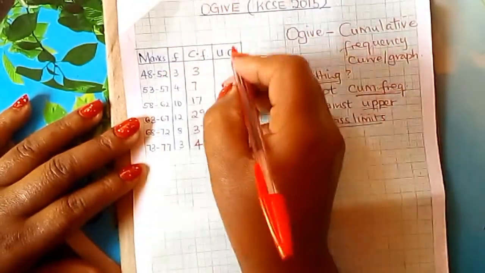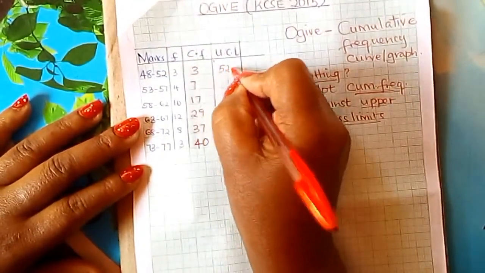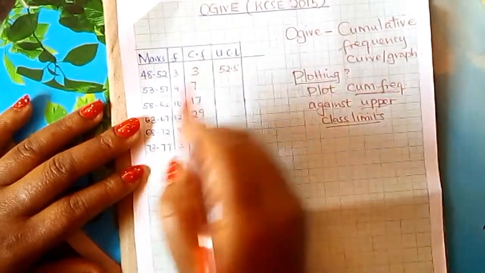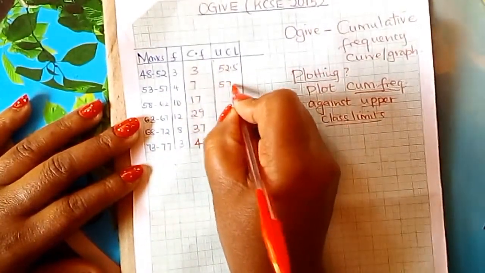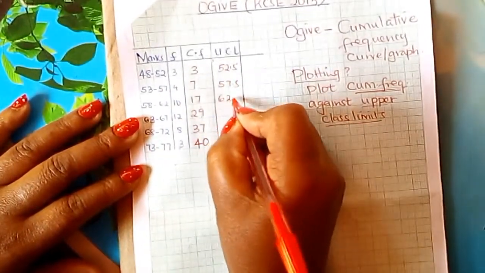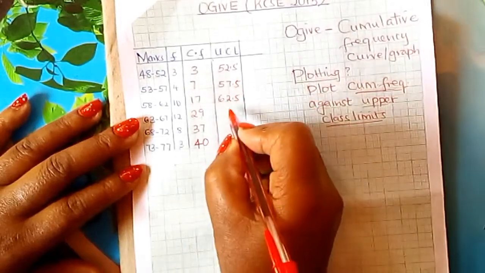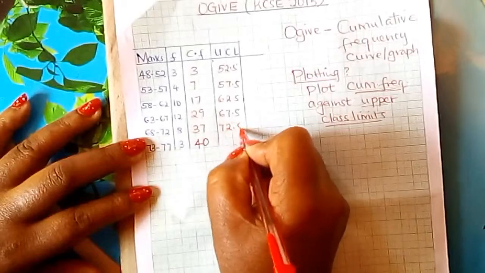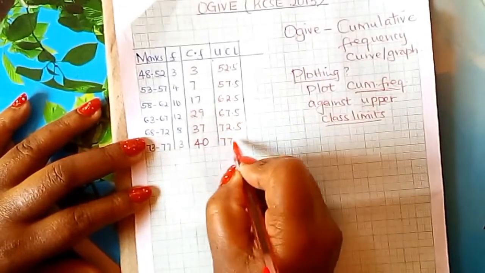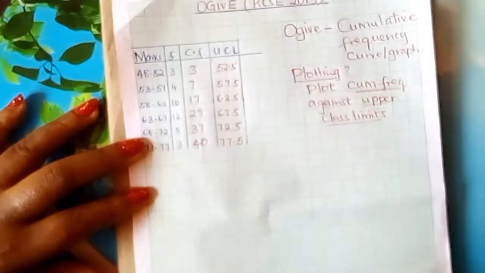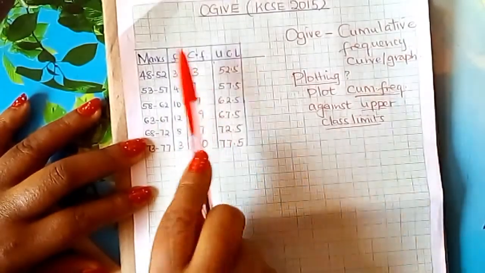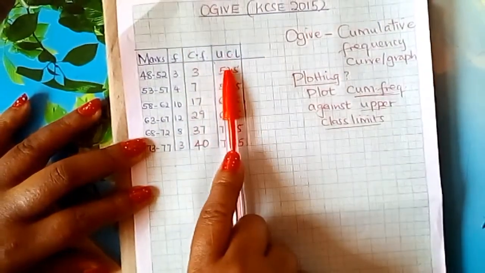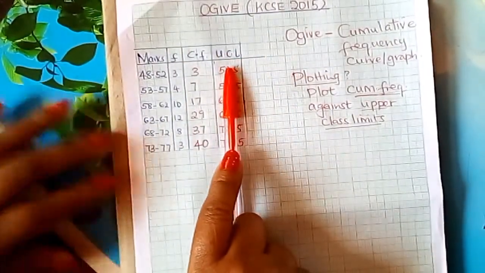So 52 becomes 52.5, 57 becomes 57.5, 62.5, 67.5, 72.5, 77.5. Good. So we have our cumulative frequencies and we have the upper class limits.